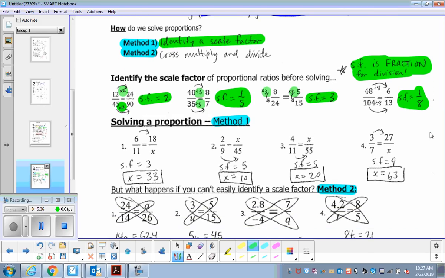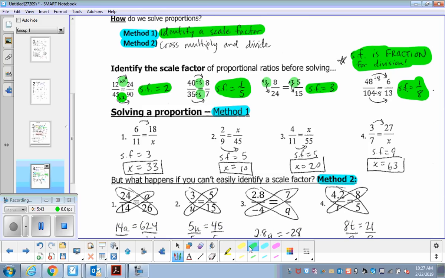Now let's use that skill of identifying a scale factor to solve when we have an unknown. So down here for number 1, we have a proportion where we're saying 6/11ths equals 18 out of what?